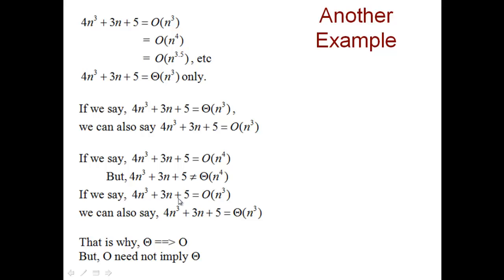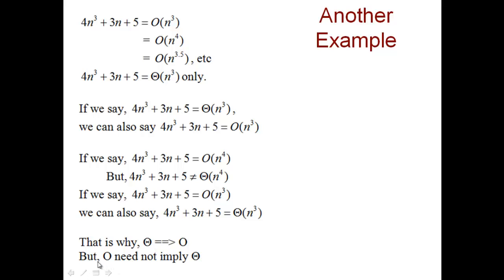If 4n cube plus 3n plus 5 is big O of n cube, the same rate as f of n and g of n, so we can say f of n is also theta of g of n. So that's why theta implies big O, because theta means same rate. For big O, we have two parts in the definition, one is less than and the other is equal to. If it's equal to, we can say theta implies big O. But if it is less than, we cannot say big O implies theta.